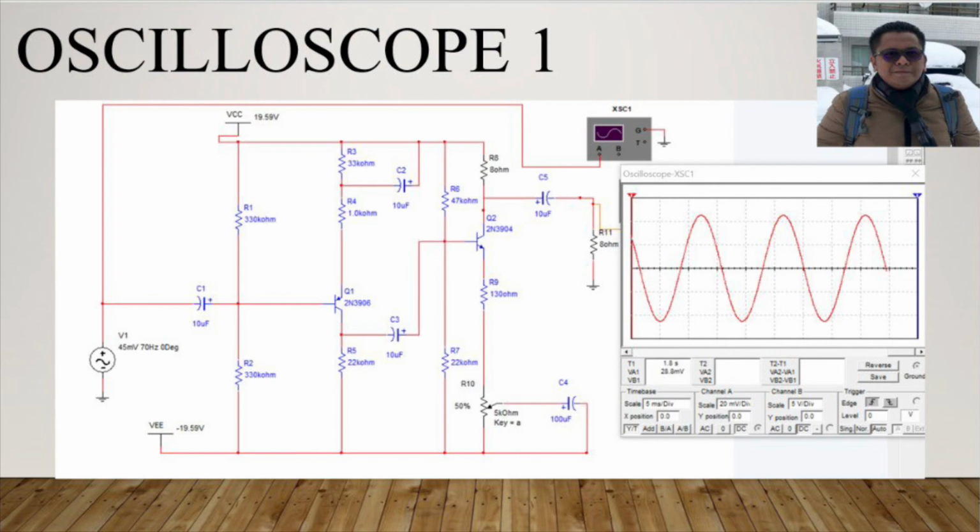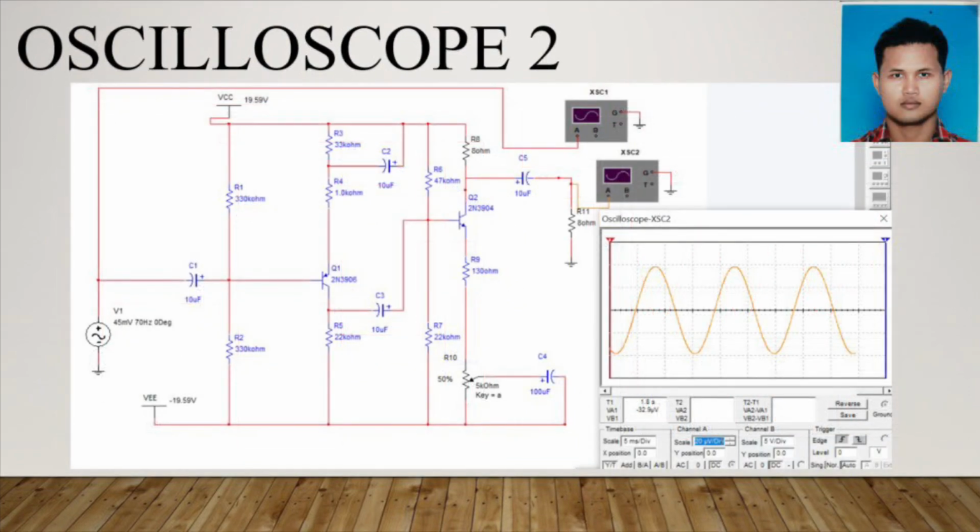Sekian, terima kasih. Seterusnya, saya Syazni Liza bin Kamis menerangkan bagaimana mengukur tegangan pada output osiloskop pada nilai 8 ohm yang diberi dalam soalan dan masih mengekalkan pada frekuensi 70Hz.